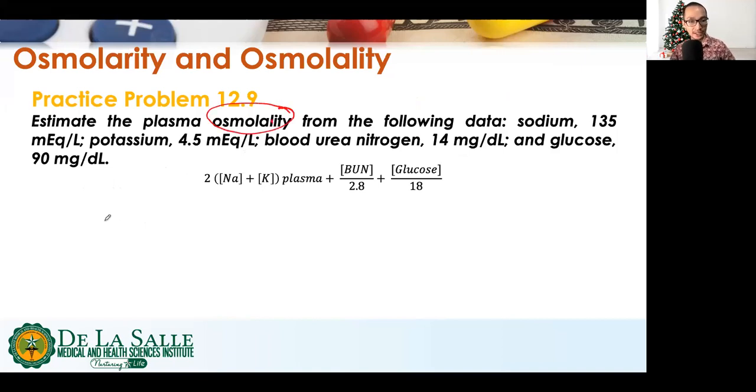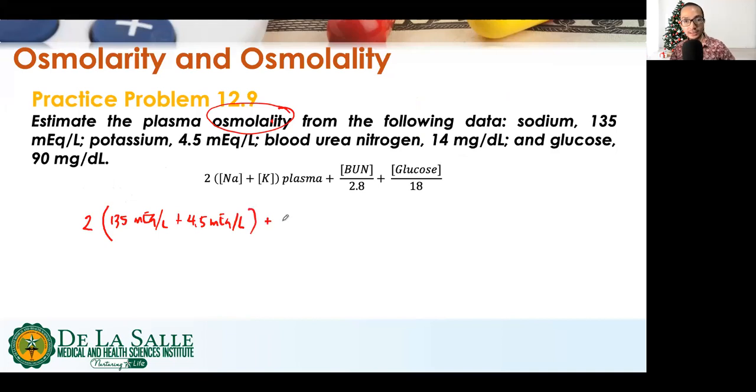Okay? Yeah, so ganito lang naman yan, 2 times the sum of the MEq per liter of sodium and potassium. So 135 MEq per liter plus 4.5 MEq per liter. Ayan.